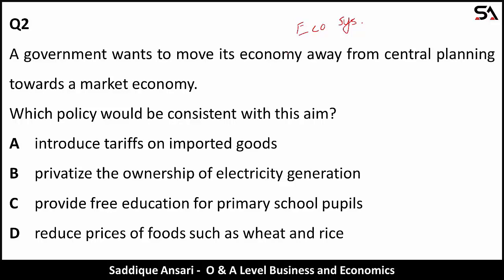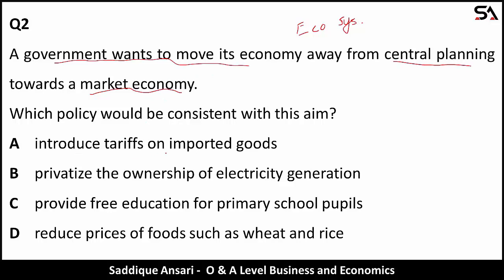Let's read the question. Government wants to move its economy away from central planning, meaning command economy, towards market economy. And for that move, what is consistent with that? So let's read the options.